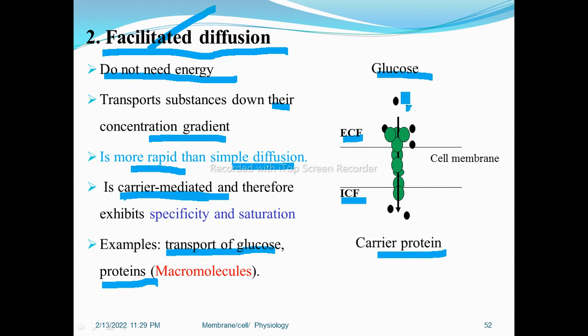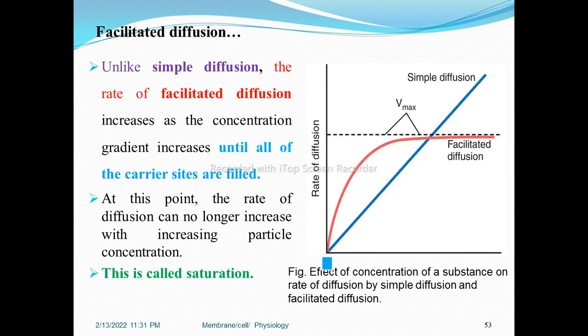The glucose is going from the extracellular fluid to the intracellular fluid, from higher concentration to the lower concentration, using carrier proteins. So this is an example of facilitated diffusion.